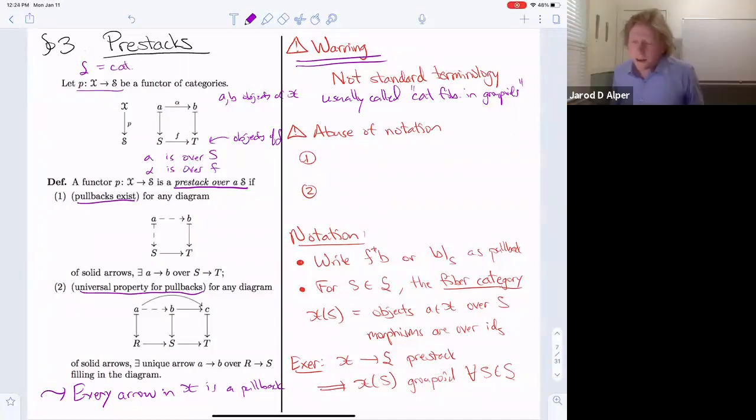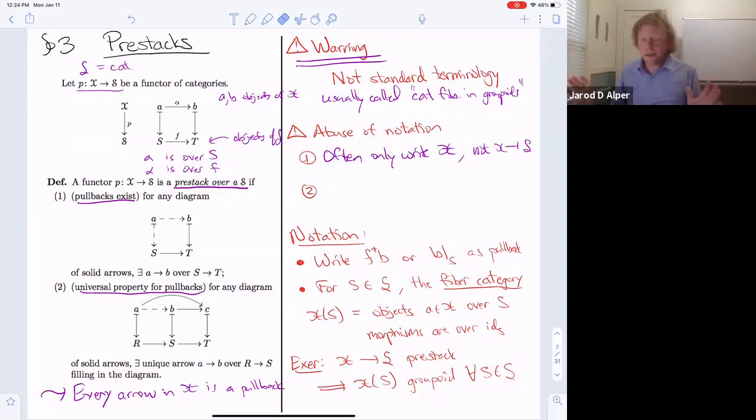So, the other thing I want to point out is this abuse of notation that often comes along. We often only write X, not the functor from X to S. So for instance, when defining prestacks, we often just write what the objects of X are.